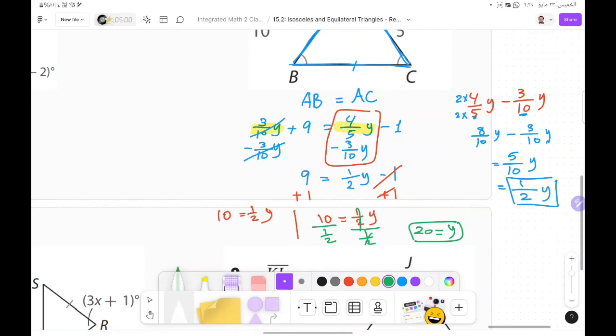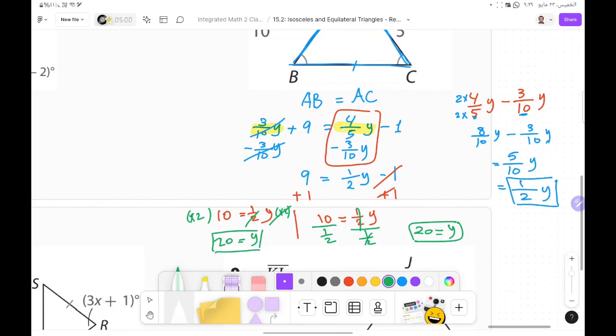Or, to remove the denominator, multiply both sides by 2. This one times 2 and this side times 2, so you cancel this 2 with this 2. Now it's y equal to 20. So you have two ways to solve this question.